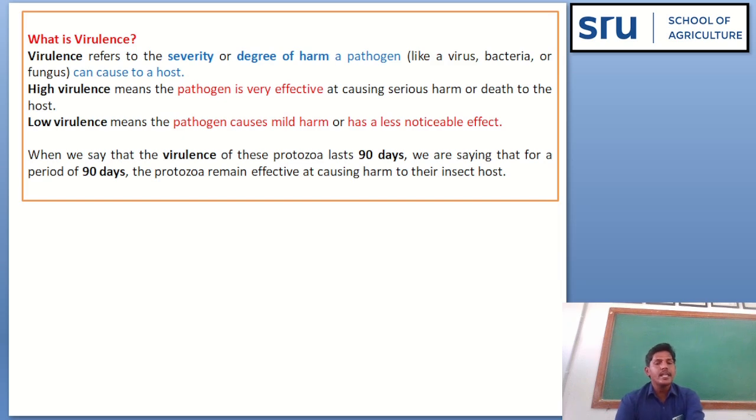When we say the virulence of the protozoa is 90 days, it means it is effective for a period of 90 days and causes harm to its insect host. Virulence is the effectiveness period of any microorganism or pathogen.